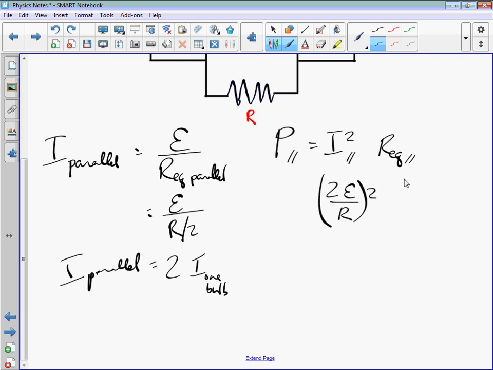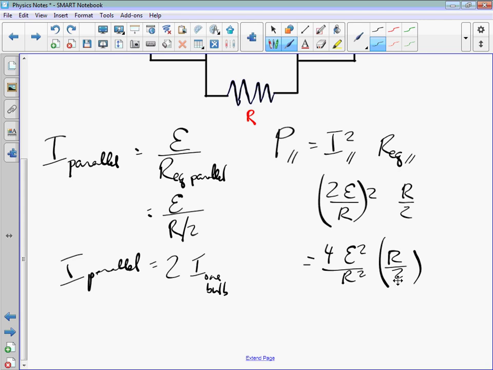Our equivalent resistance in parallel, I said that earlier, was R over 2. So I can say R over 2. I can distribute out the square. So I've got 2 squared, which is 4, E squared over R squared, times this value R over 2, is equal to my parallel power.